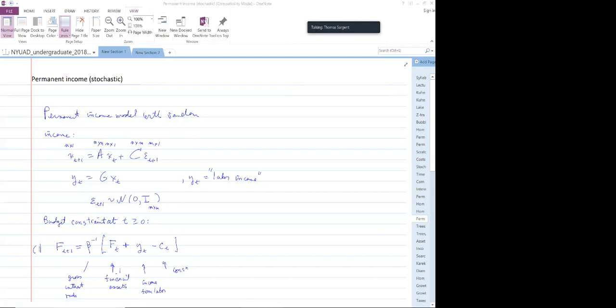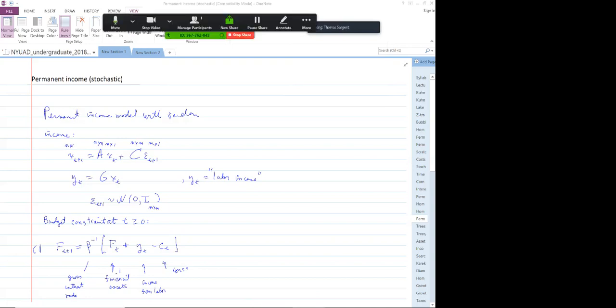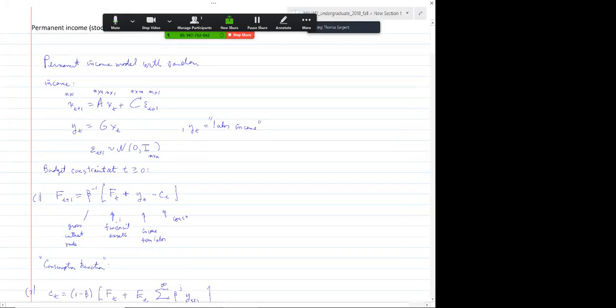So this is going to be a modern version of Milton Friedman's model. We're going to talk about a single consumer. Here's how we're going to model that.